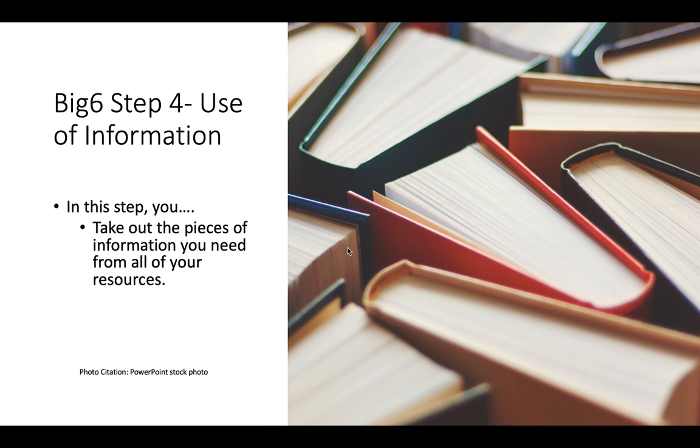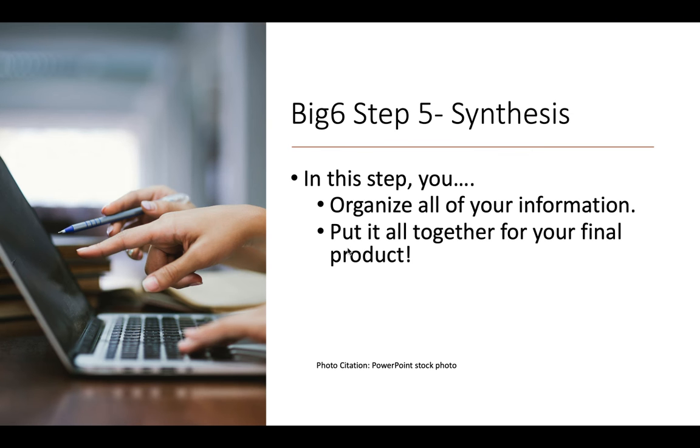For step 4, which is use of information, you're going to take out all the pieces of information from your resources that you are going to need. Again, that concept of zooming in. We have 10 resources, awesome, but then in step 4 you're going to extract the pieces that you're actually going to need and utilize for your research process.